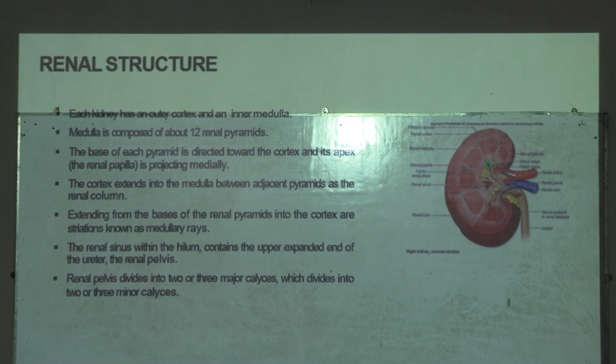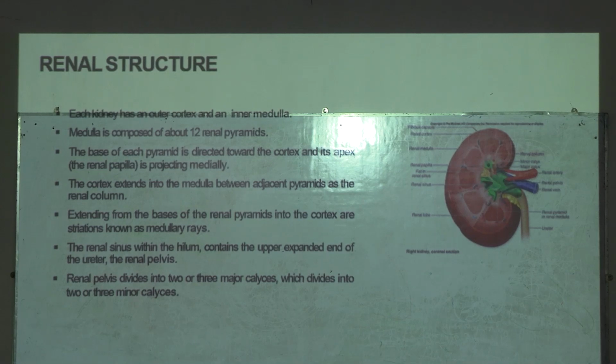Okay. And 7 to 13 minor calyces unite to form another cup-shaped structure, which is called major calyces. And 2 to 3 major calyces unite and form the pelvis or renal pelvis.